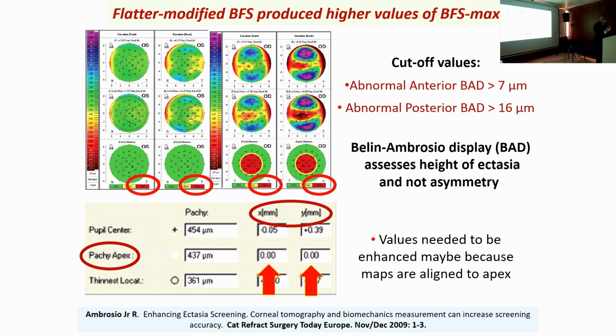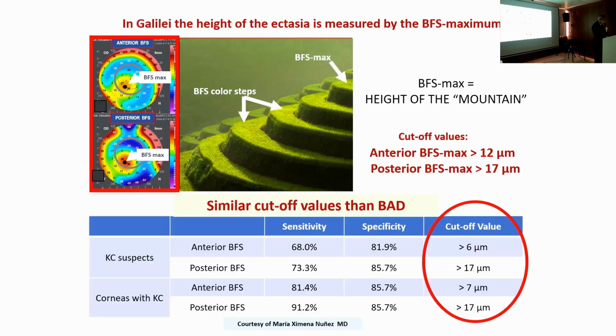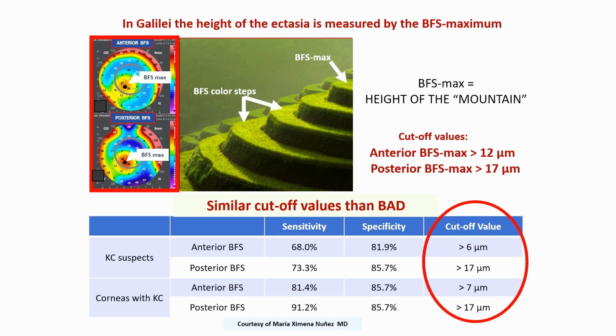So this is probably because the Pentagon aligns the data to the apex, and the apex is the most anterior point in the cornea. In the Galilei, the height of ectasia is measured by the BFS maximum, and with the regular maps, the best fit sphere maximum is the height of the mounting, and you can see that the cutoff values are very close to the Pentagon without the need to enhance any number.